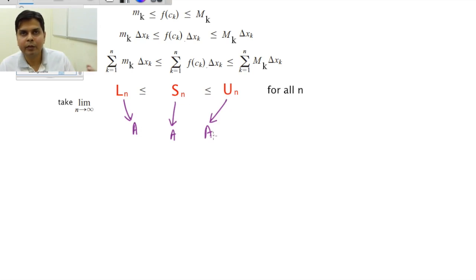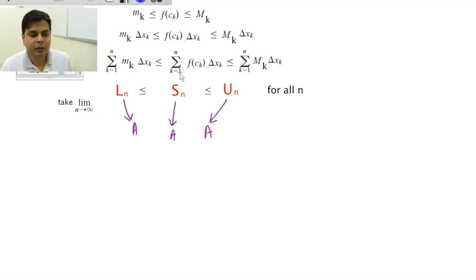U_n is saying that I will also converge at a. Now this poor guy S_n, trapped between L_n and U_n, will say that since you two big boys are going to a, I have no other option but to go to a. So this S_n will also converge to a in the limit n tending to infinity.